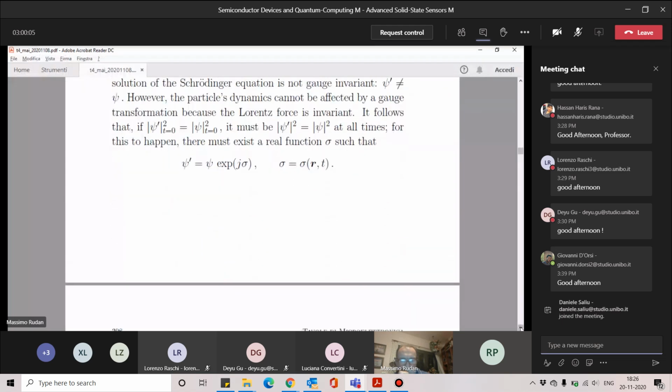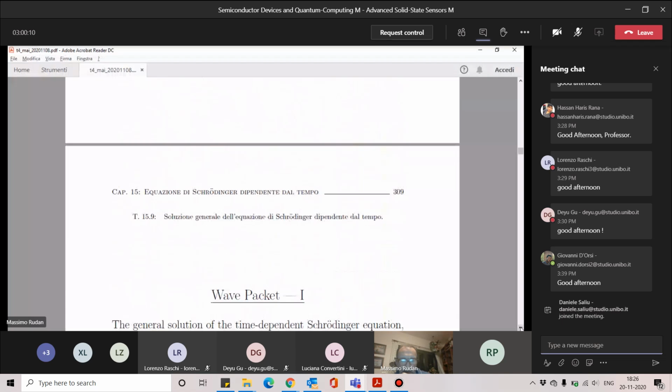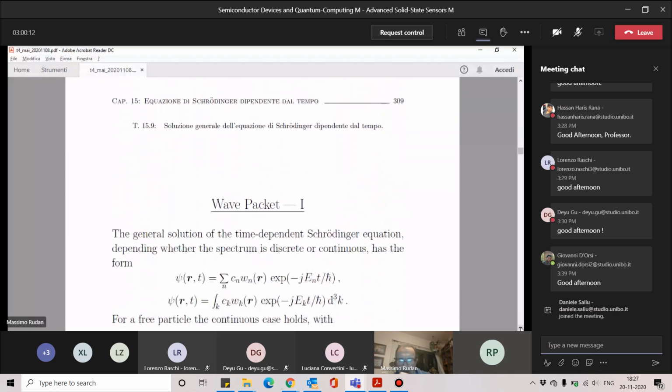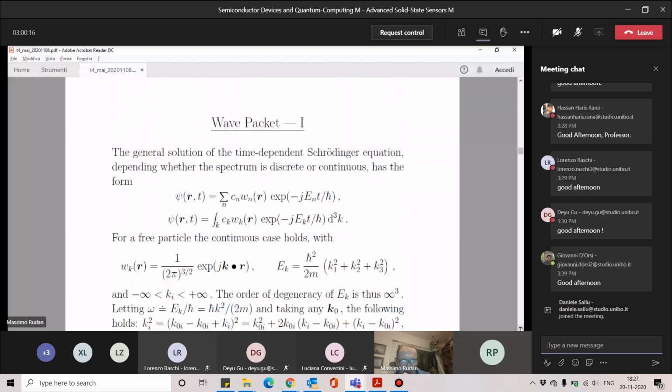We shall not consider the gauge invariance. And we have no time, so we shall deal with wave packets on Tuesday. Okay, so for the moment, I thank you very much, and we stop here.